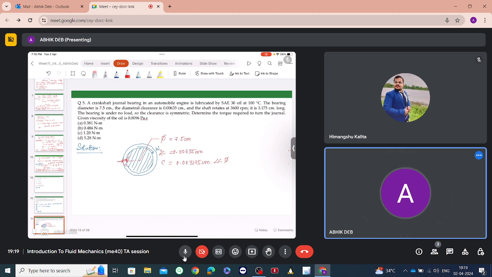Therefore, we can model the flow of fluid between the bearing and shaft as flow between two infinitely large parallel plates.